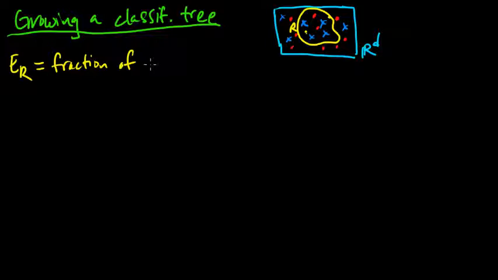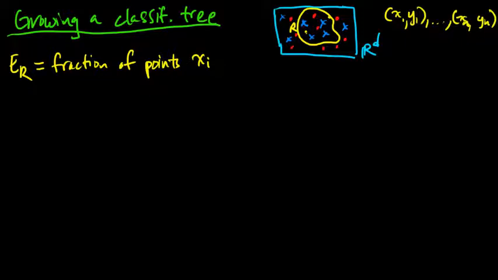So it's the fraction of points xi in our data set. Remember, we have some data set as usual, x1, y1 up to xn, yn.